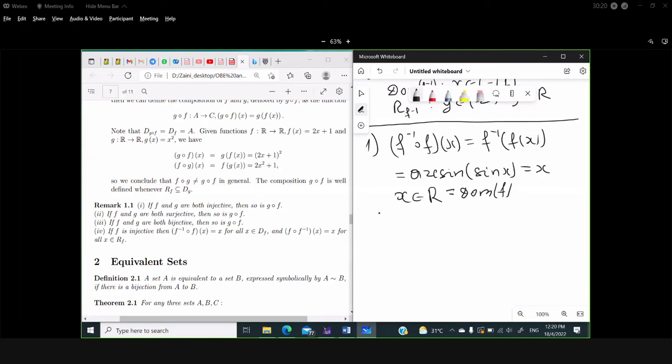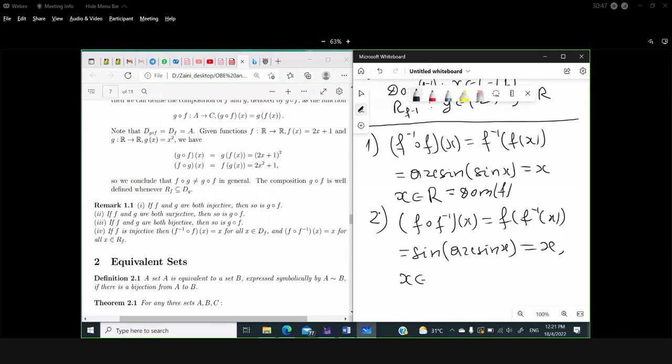Okay, the second case, the composition of f and f minus 1 of x, giving sine of arc sine x equal to x. But this x now varies on the RF.